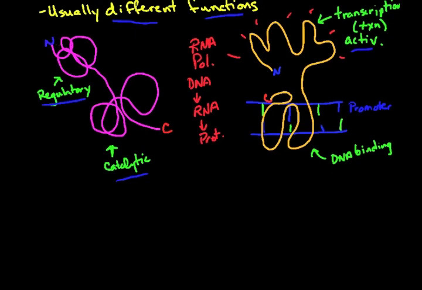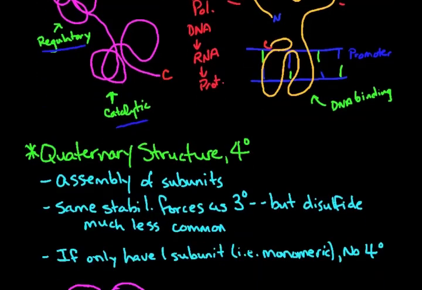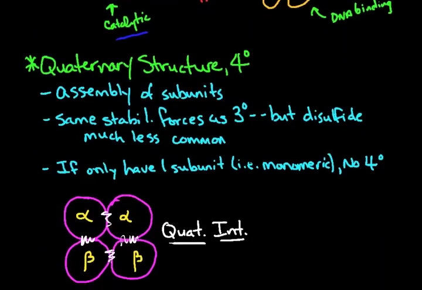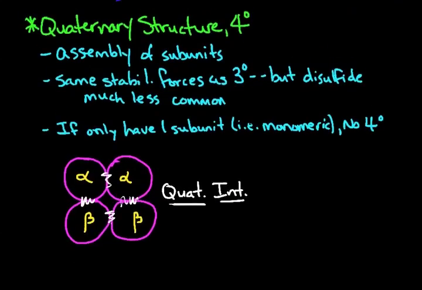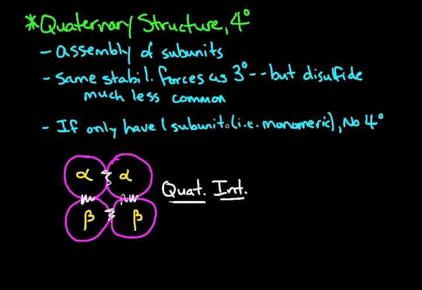And now we are going to finish up, ta-da, with our last level of protein structure, and that is quaternary structure. Quaternary structure is actually pretty straightforward. There's not a lot to say about it right now. We'll talk about it when I give you the details in lecture.